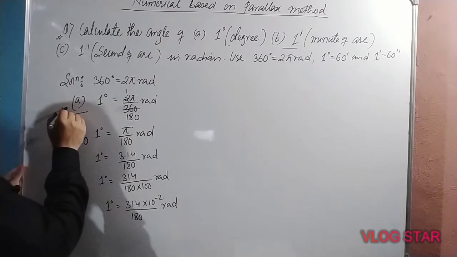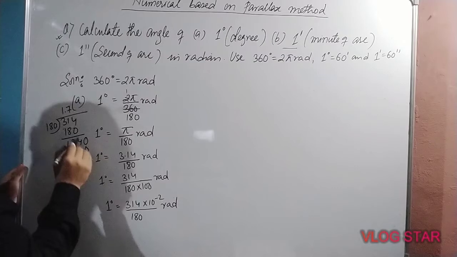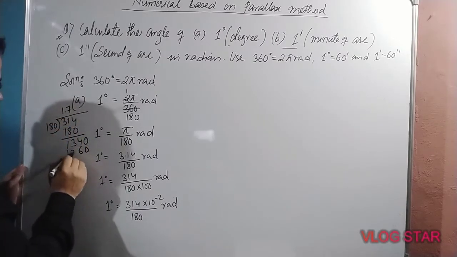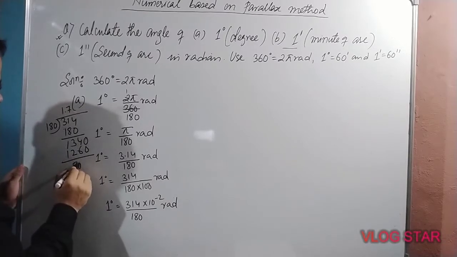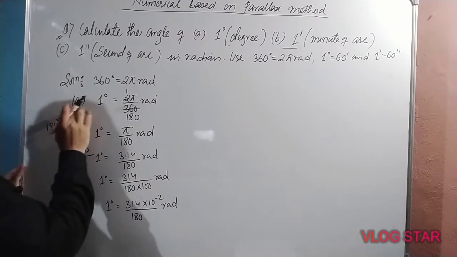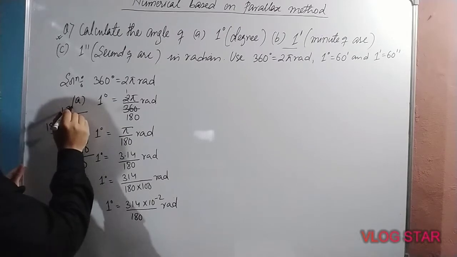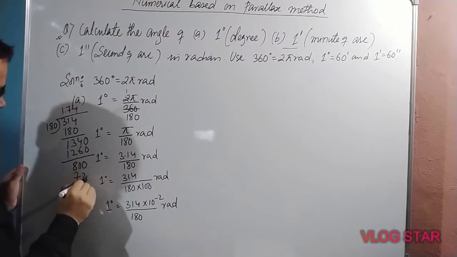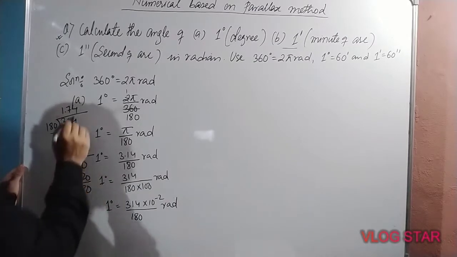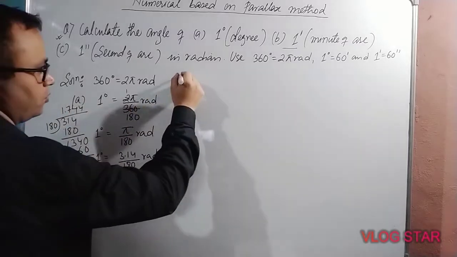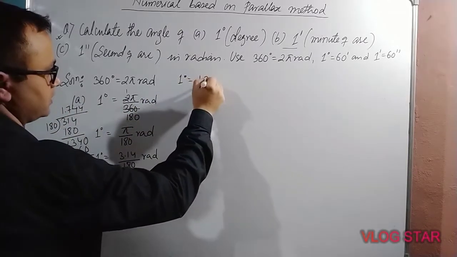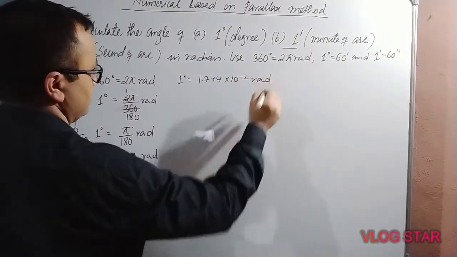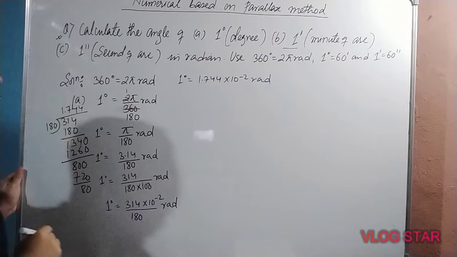It is 7 times, 7 8 56, 7 1 7, 12. 80 is left. 180 into 4 is 720. Again 80 left. Again 4 times. So 1 degree equals 1.744 into 10 to the power minus 2 radian. Now this is the case of degree, 1 degree.